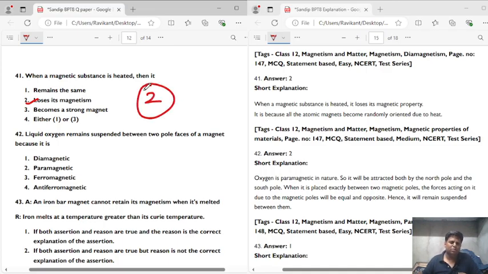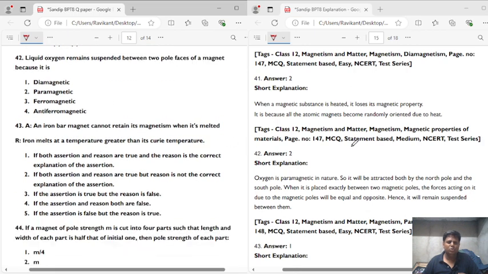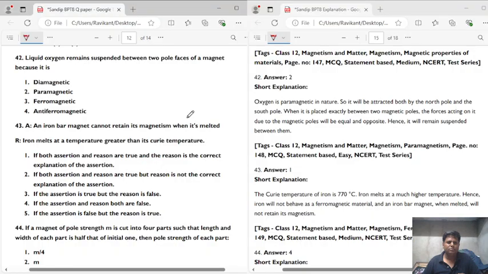Now question number 42. The liquid oxygen remains suspended between the two pole faces of the magnet because it's paramagnetic in nature, right? Liquid oxygen is paramagnetic in nature, so it is attracted by both the north pole and the south pole, and it remains suspended between the poles.